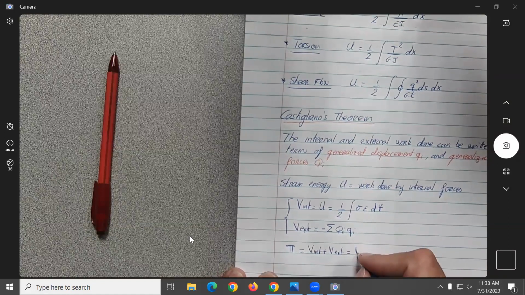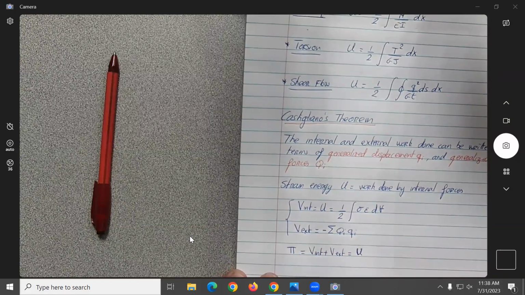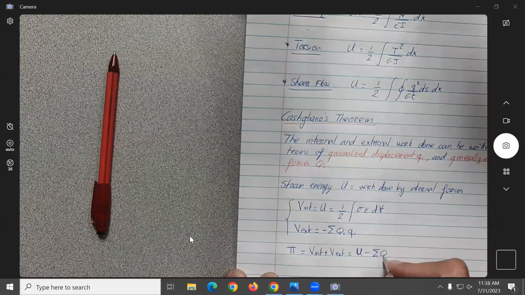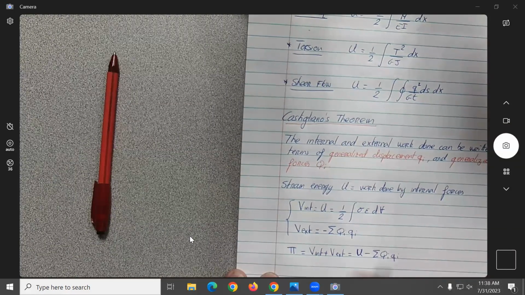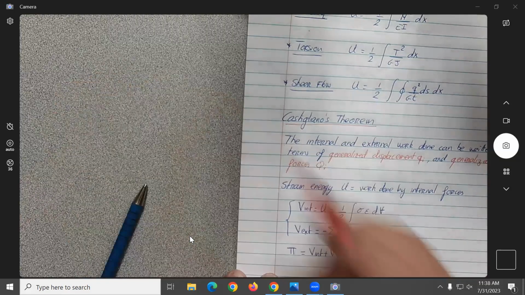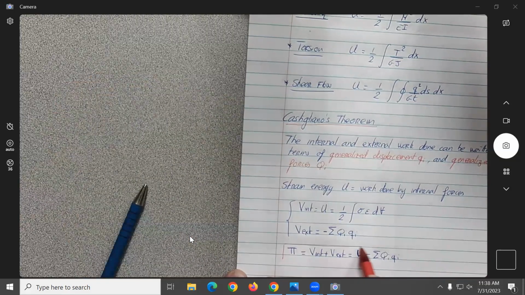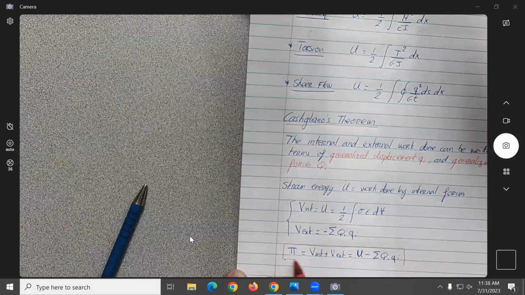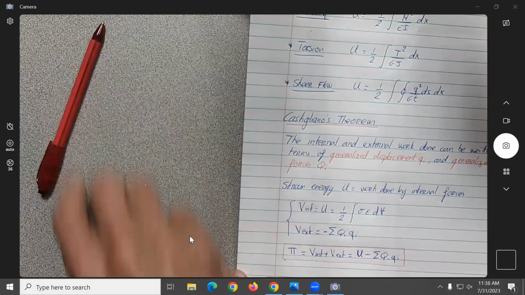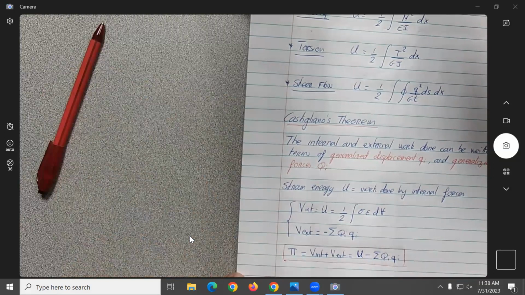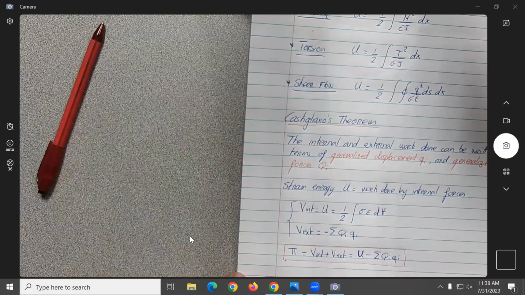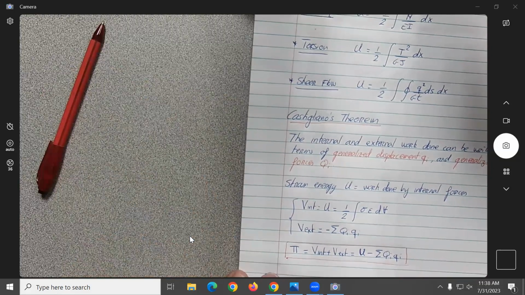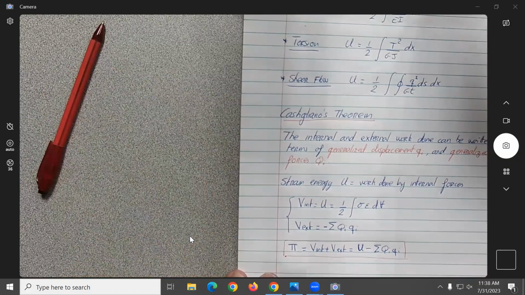So it will be equal to U minus the summation of Q sub i times q sub i. Okay, and basically, this is also known as the theorem of minimum potential energy, but that's what we're going to be doing next. So this will be the total potential energy of the system.